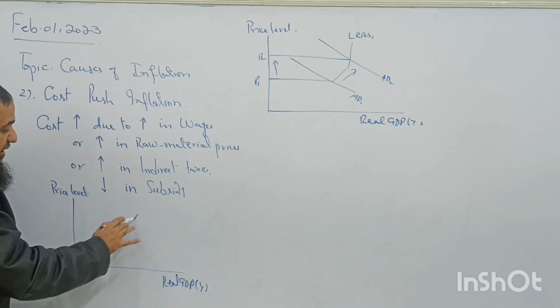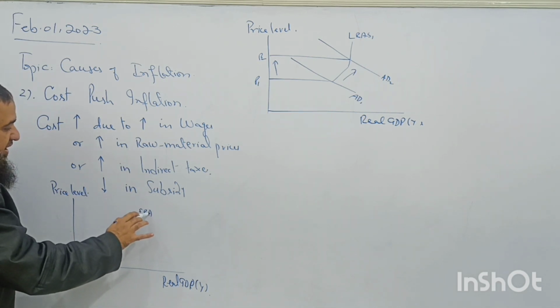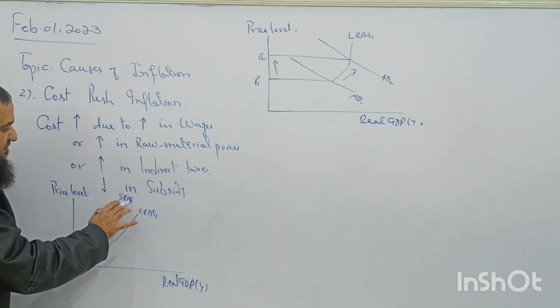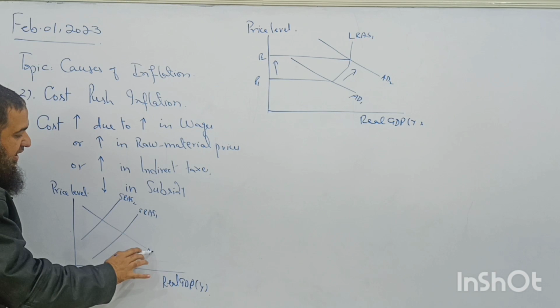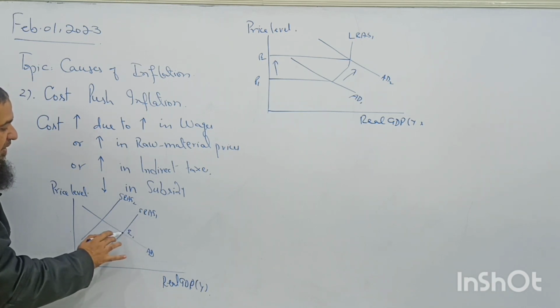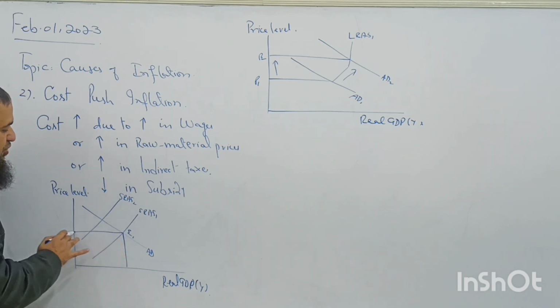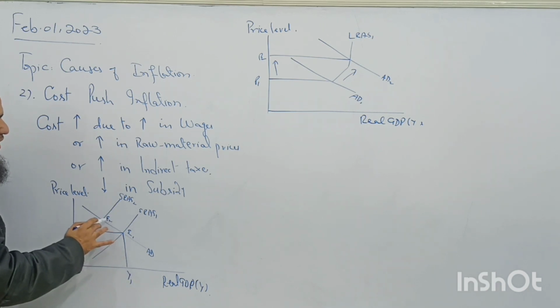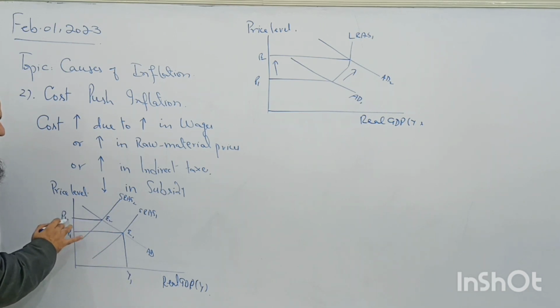Now the short-run aggregate supply curve will have a leftward or upward shift. Aggregate demand remains the same, but now due to less supply in the macro economy, what is going to happen?